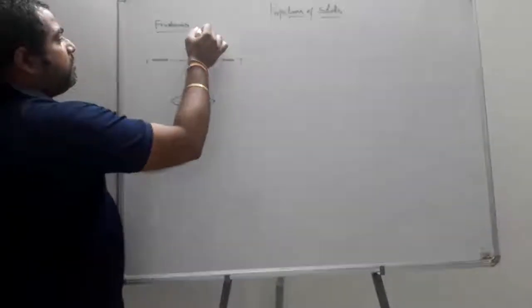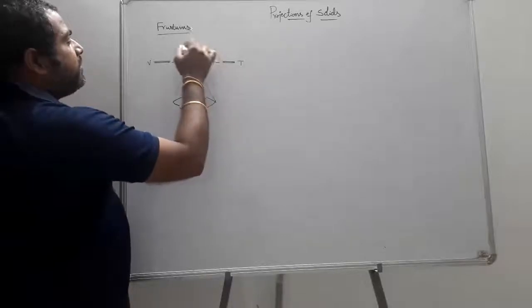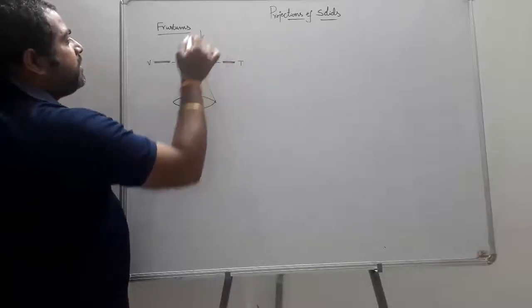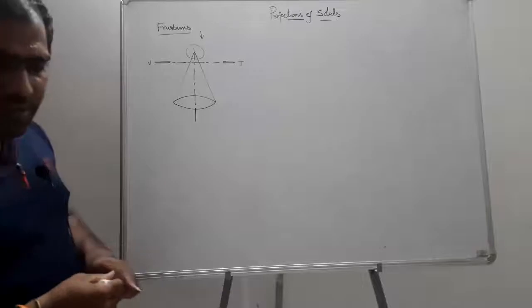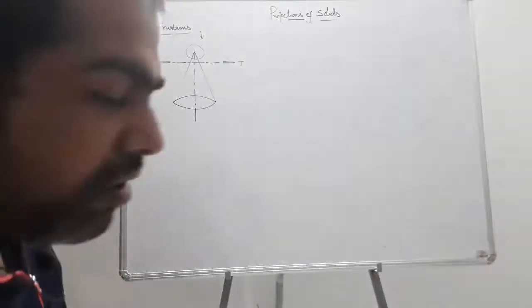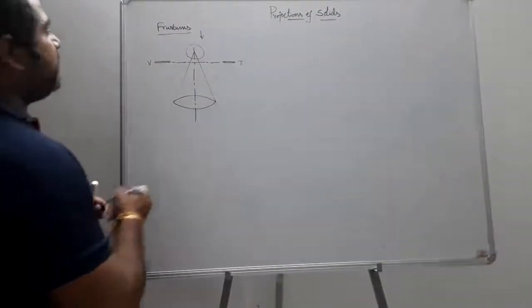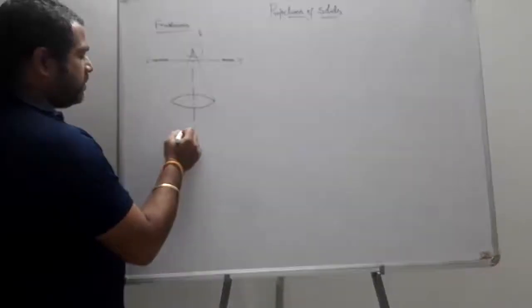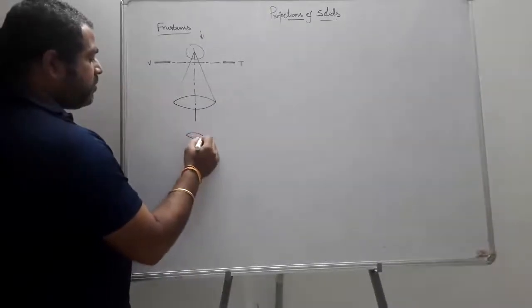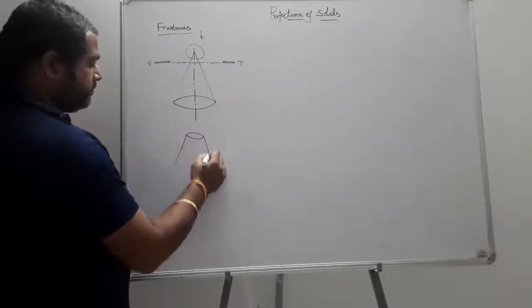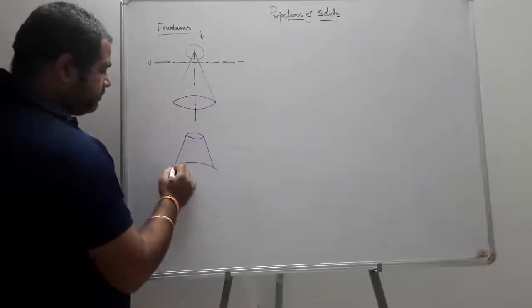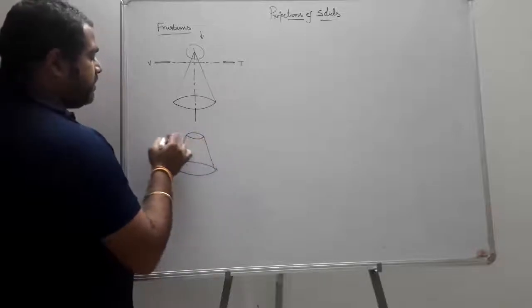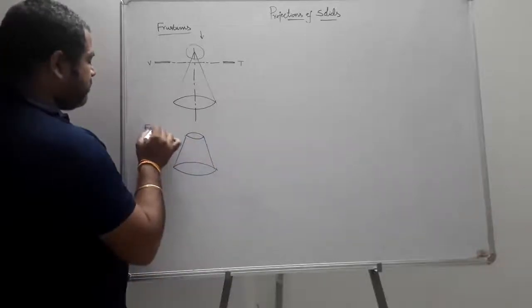So if you remove the portion here, this is where the observer is, and when you make your section, you always remove the portion between the observer and the cutting plane. This portion is removed, and then you obtain this, which is nothing but the frustum of a cone.